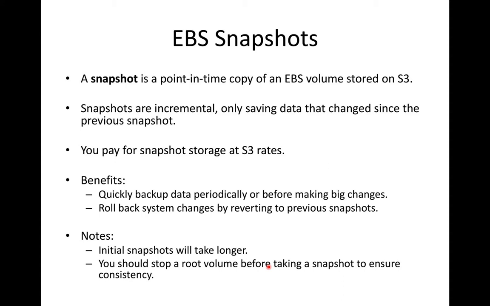So the first snapshot you take of a volume will take a longer period of time. But subsequent snapshots of an EBS volume just contain the incremental changes on that volume, and so they happen much faster. You pay for snapshots at S3 rates because the data from a snapshot is stored on S3.